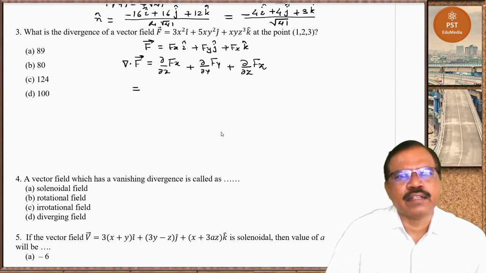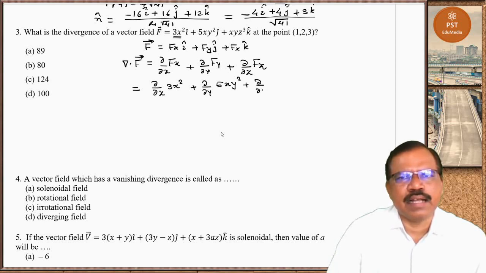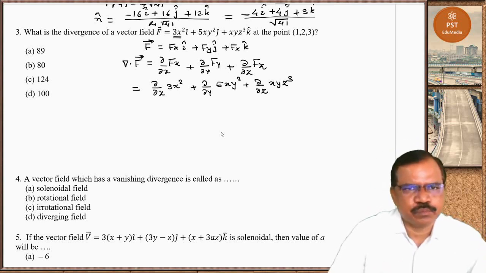So if we take derivative of 3x square, so del by del x of 3x square plus del by del y of 5xy square plus del by del z of xyz cube. So it is component wise derivative.